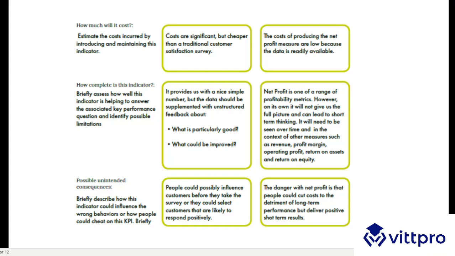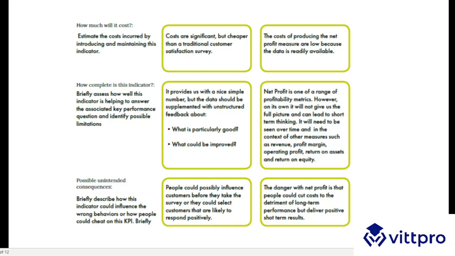So as a part of the process itself, we are identifying if this KPI is complete, is it giving everything that we want to know or not. If it's not, then you have to have another method to collect the information. Then, can there be any consequences or misuse of this data?